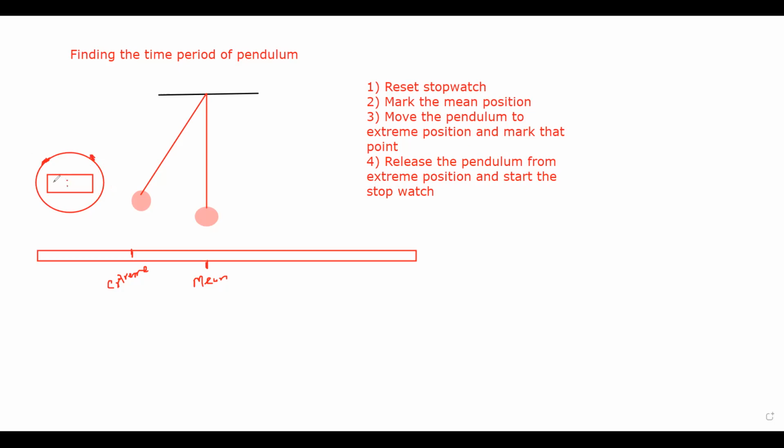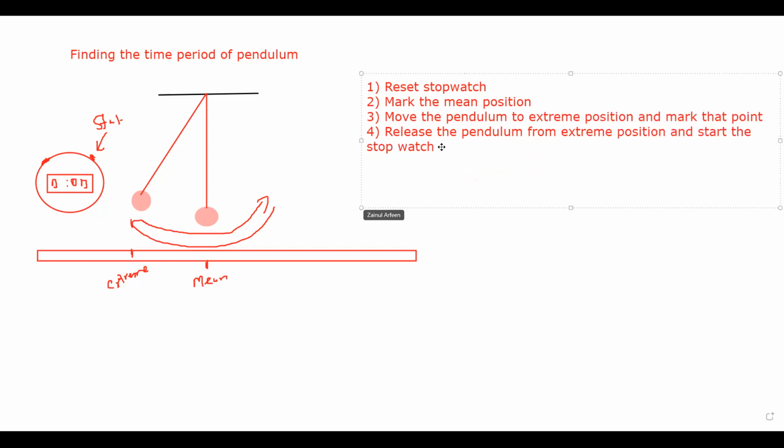For example, originally it will show 0, but the moment we release, we press this button to start. It will go to the other side and return. But this will be a very short time interval, so it will not be accurate. So to increase the experimental accuracy and get a more accurate result, we will record the time for 10 vibrations.